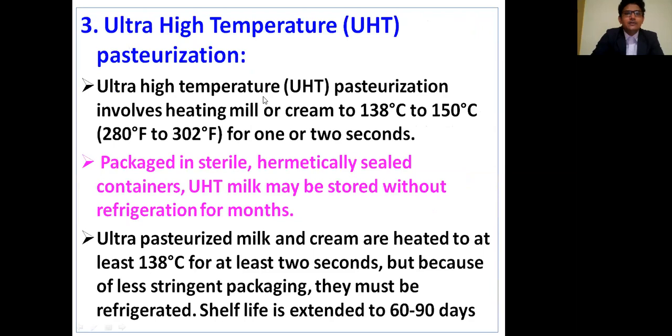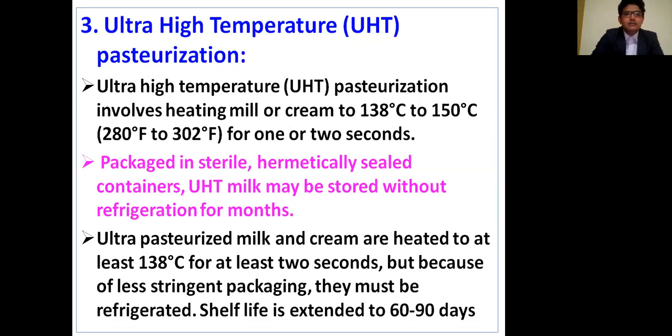The third type is ultra high temperature pasteurization, which is known as UHT pasteurization. Ultra high temperature pasteurization involves heating milk or cream to 138 to 150 degrees centigrade for 1 or 2 seconds. Packed in sterile hermetically sealed containers, UHT milk may be stored without refrigeration for months.